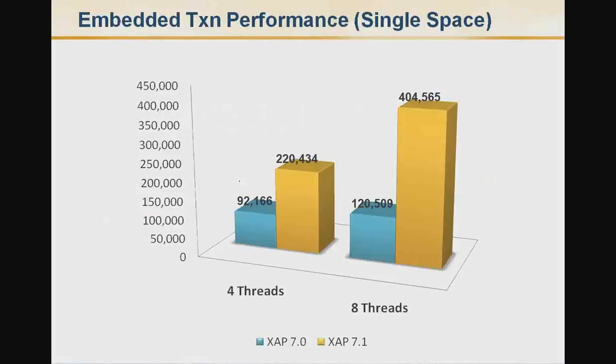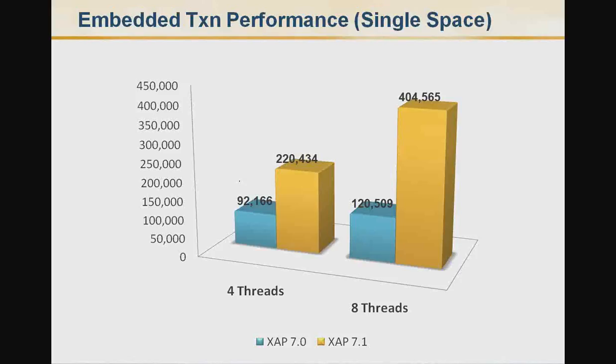In terms of numbers, this is most evident obviously when the environment is isolated and there are no other factors involved. So in this case, this shows the performance improvements in a single space, naturally with no backups. So for most purposes, this would not be very practical, but it just shows the amount of improvement that was done.